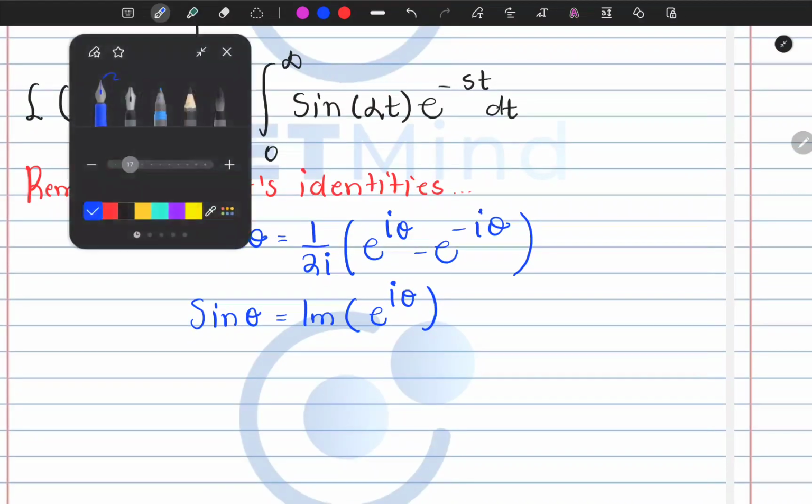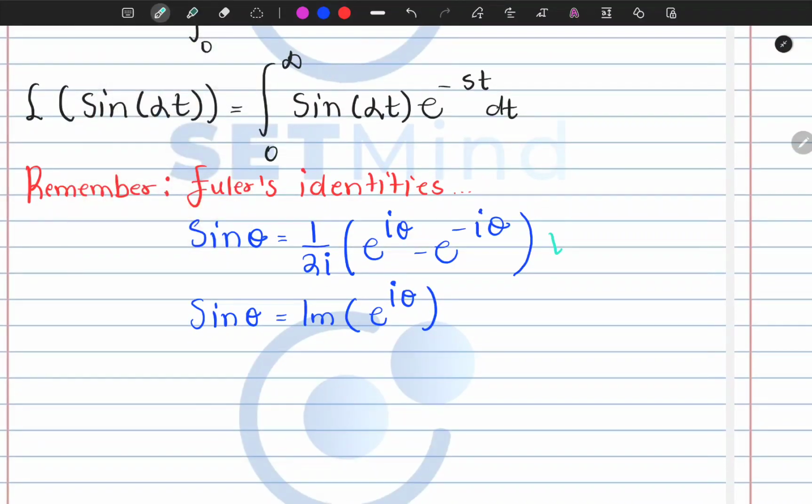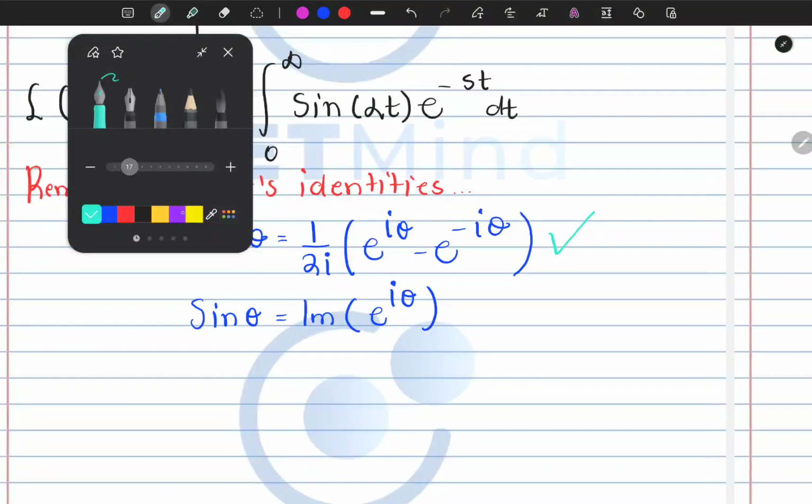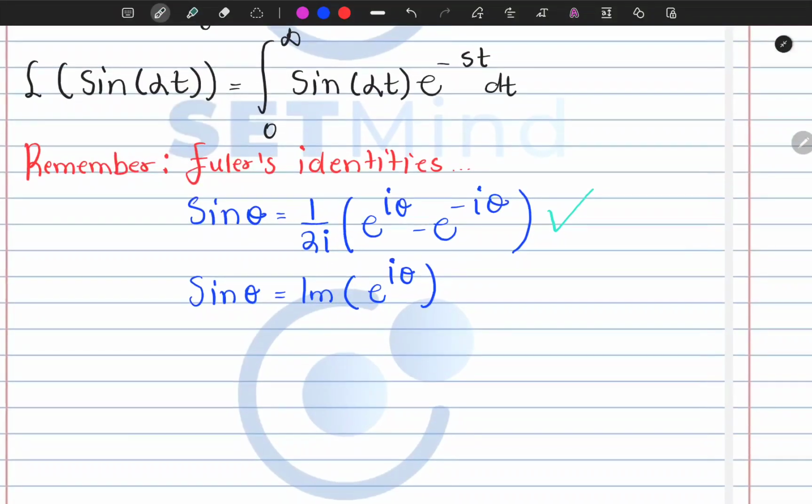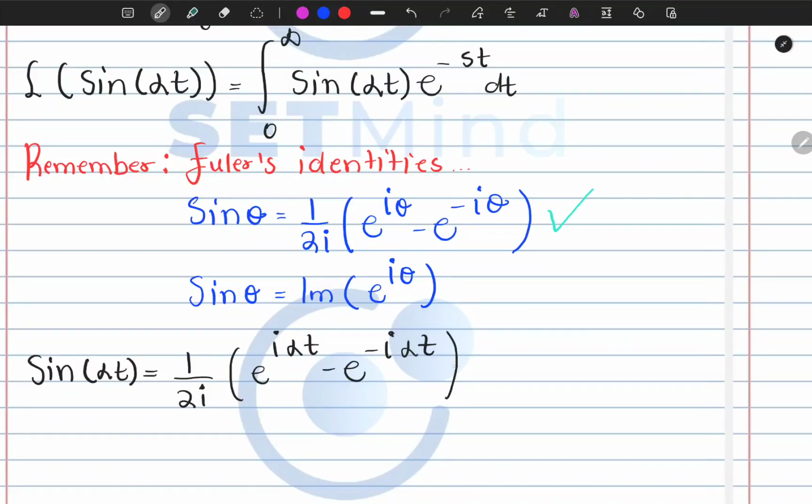We have already worked with an exponent, so it's easier for us to separate this into exponents than to go and do some hectic integration by parts. So if you look carefully, sine of alpha t is just the same as 1 over 2i into e to the i alpha t minus e to the negative i alpha t.